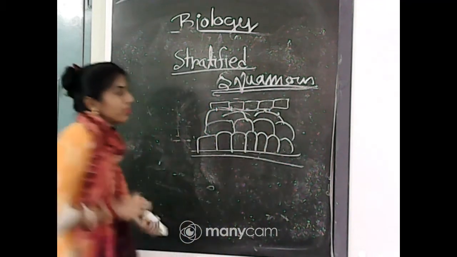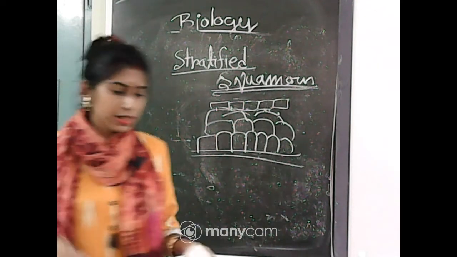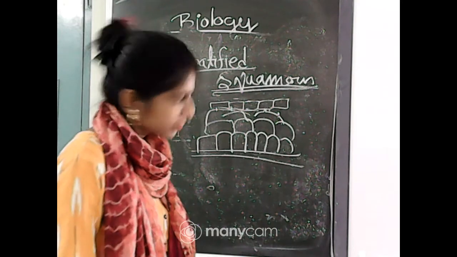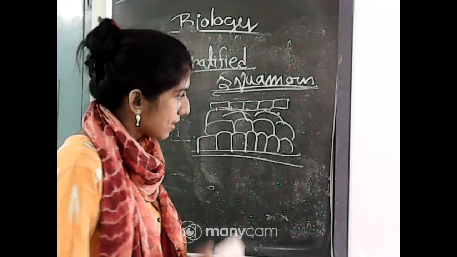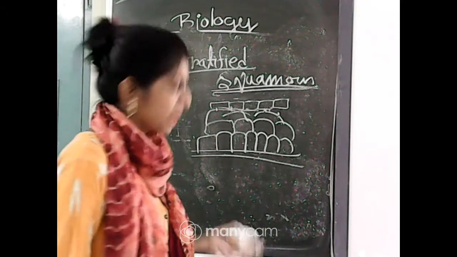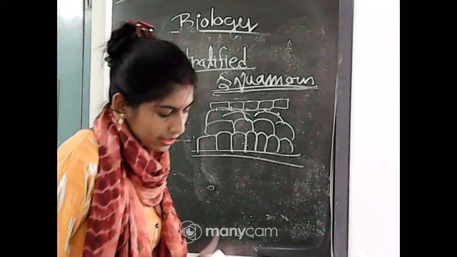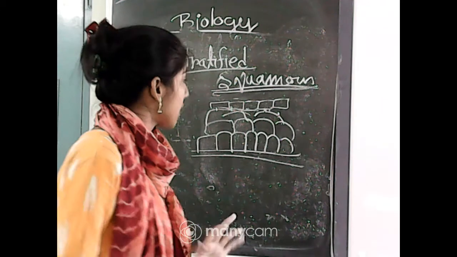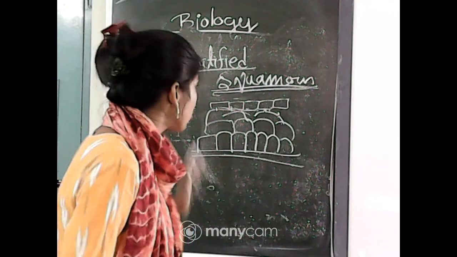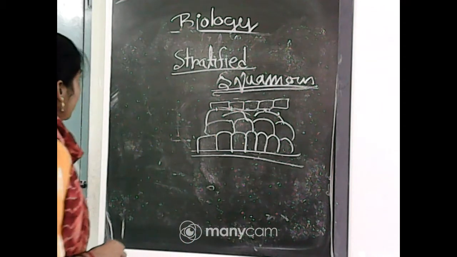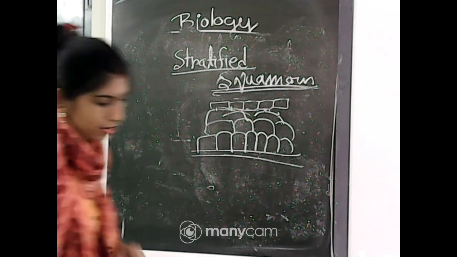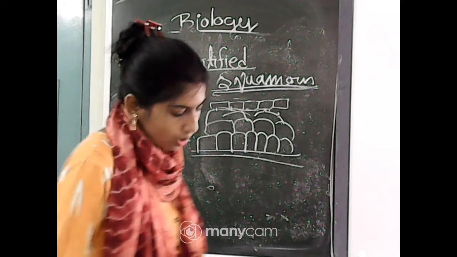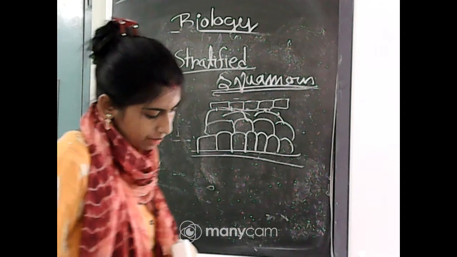So cells at the free surface will be squamous type, and the cells present at the base may be columnar or cuboidal, but the superficial layer will be squamous type of cells. That is called stratified squamous epithelial tissue, and the deepest layer is called the stratum germinativum.